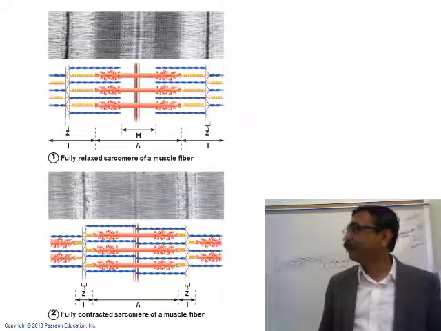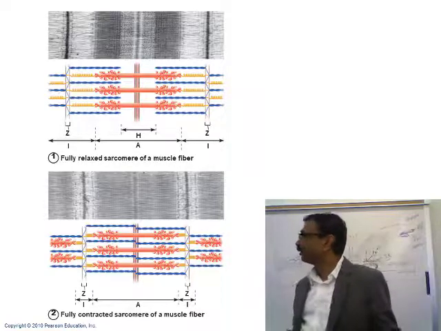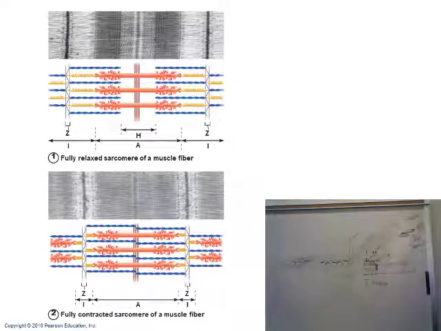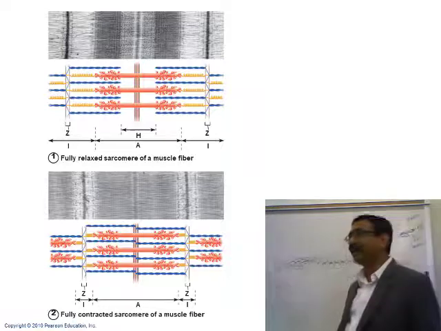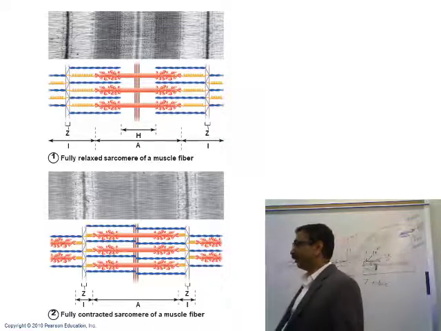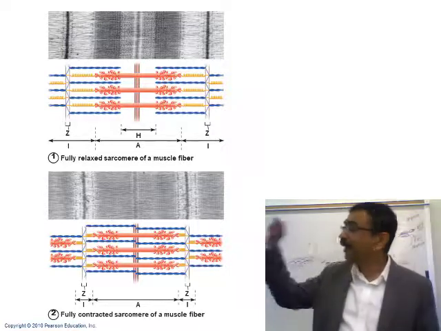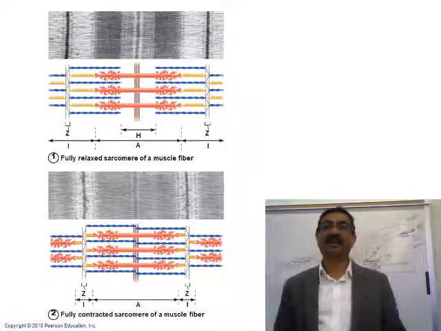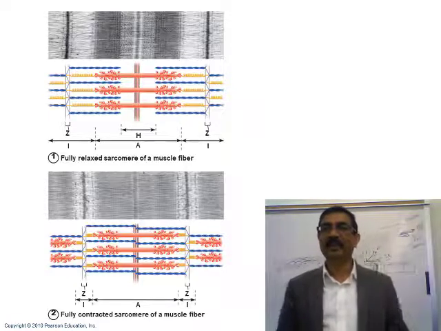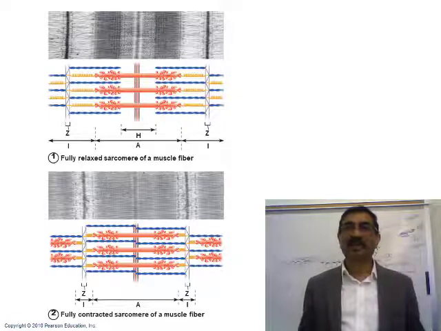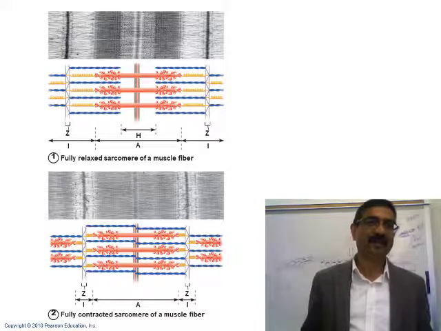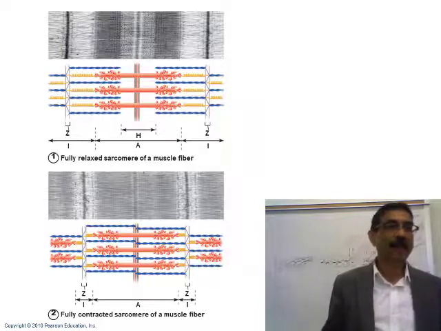That means the light will be blocked more in this part. Is it clear? Because you have both thick and thin. That's why you see that area is the darkest area. Very simple, right? Where more structures, darker. Less structure, lighter.